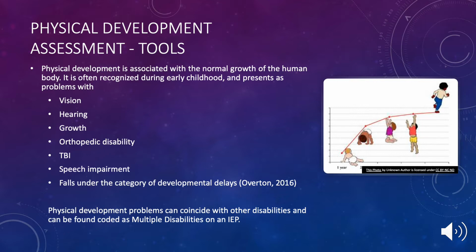Next, we're going to talk about physical development. And physical development includes any of the biological functions and growth and formation of the brain or eyes. Includes vision, hearing, growth, orthopedic disabilities such as scoliosis or anything else that impairs the formation of the limbs, TBI, traumatic brain injury, and this does fall under the category of developmental delays.